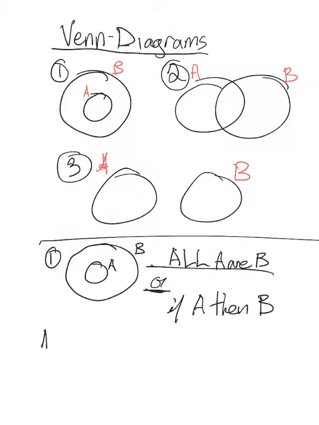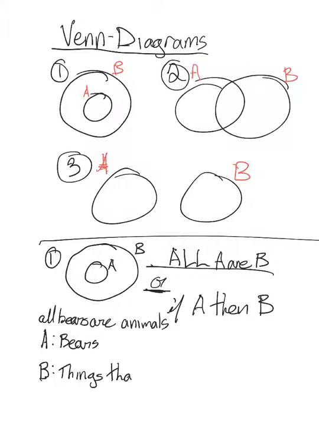So the very first thing when using Venn diagrams, you should define your variable. So if in the question we are given all bears are animals, therefore A would be bears and B would be things that are animals.